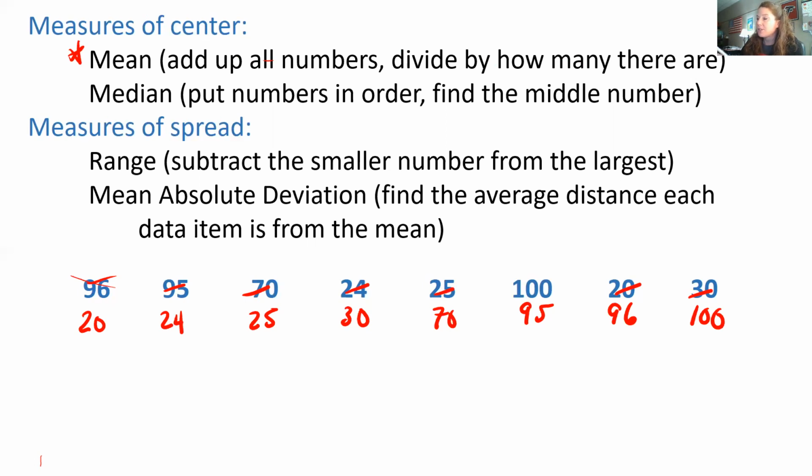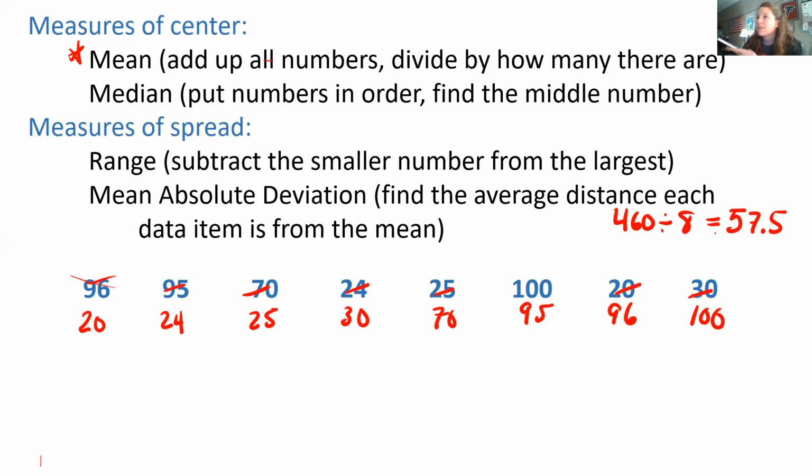So I got 460. So I got 460 divided by, what do we say, 8? 1, 2, 3, 4, 5, 6, 7, 8. So the median is 57 point, I'm sorry, not the median. The mean is 57.5.